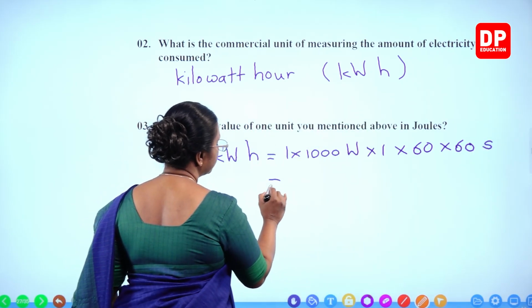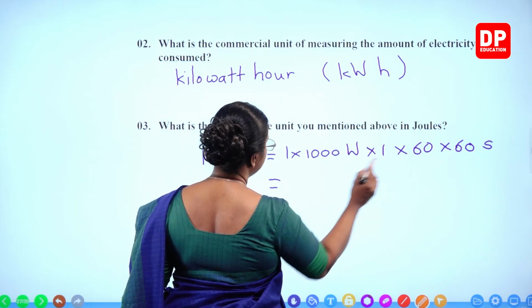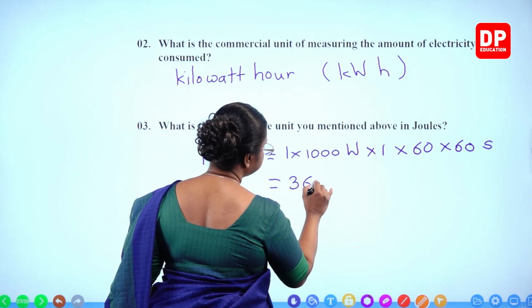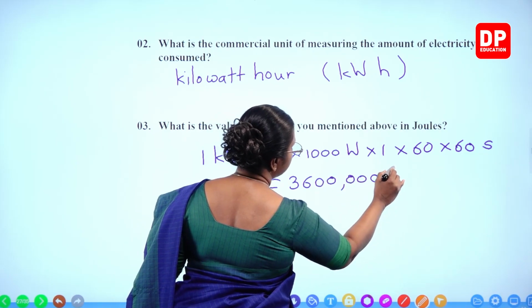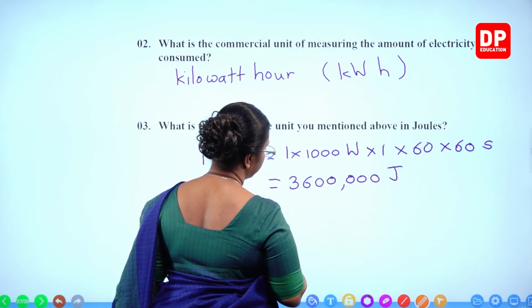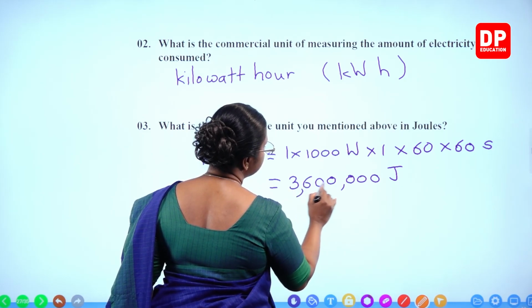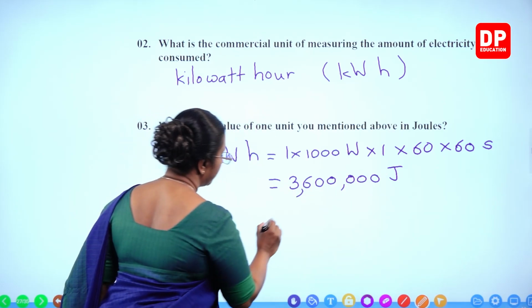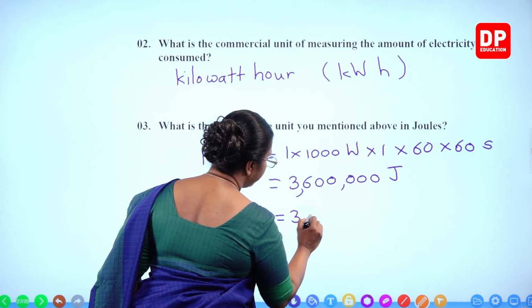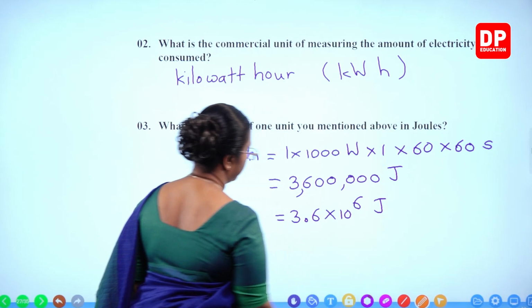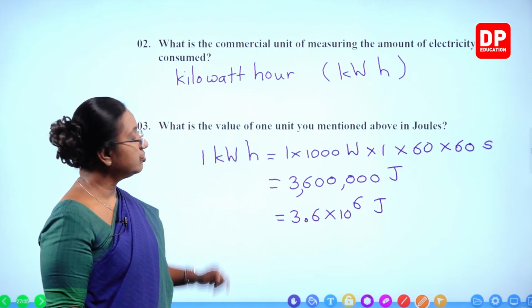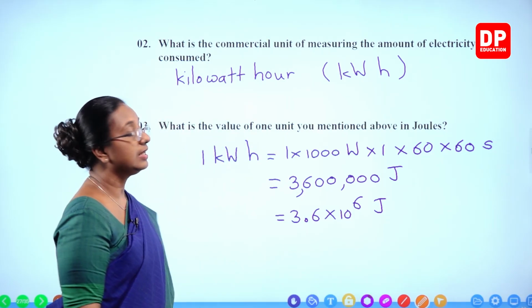So you will get the answer as 60 into 60 into 1000, in joules. 3,600,000 joules, or we can write it as 3.6 into 10 to the power of 6 joules. That is the joules equivalent to 1 kilowatt hour.